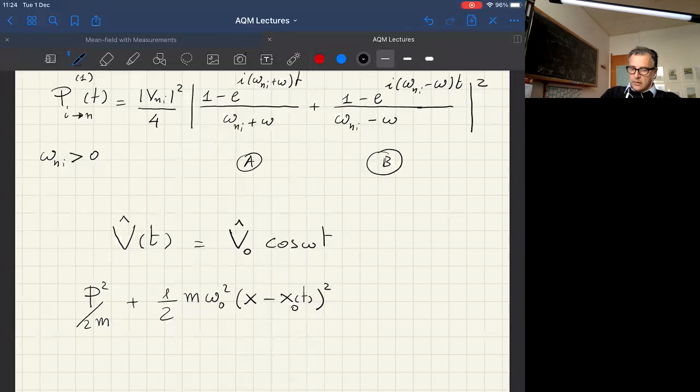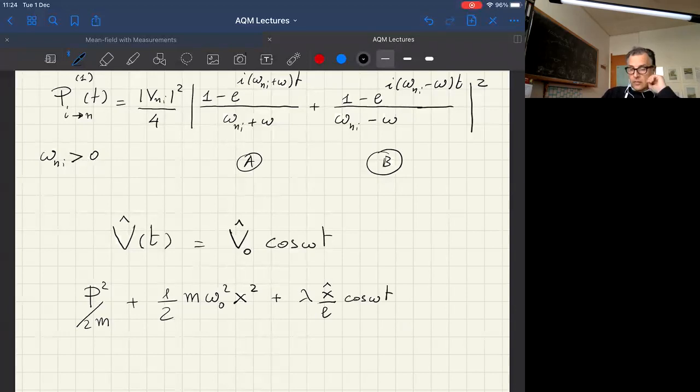Or no, this is too simple. So let me write it in a different way. I just take x squared, and then I put plus lambda x over L times cosine of omega t.